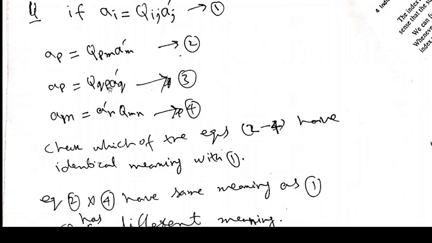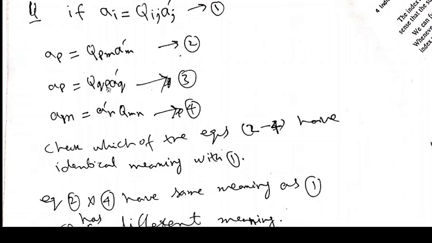If you open this, you can see that here we have Q11A1 dash. The first term is the same, Q11A1 dash, because nothing will happen if all indices are the same. But the second term in equation number 1 is plus Q12A2 dash, while here the second term will be Q21A1 dash, and the third term will be plus Q31A1 dash, whereas there the third term is Q13A3 dash.